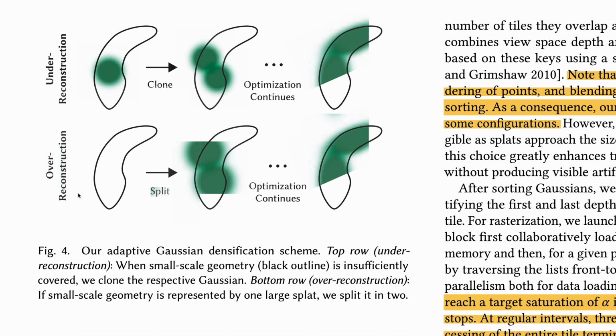When it's over-reconstructed, when the Gaussian is covering too much of the space, you split it. I don't know why on the bottom left we don't see the initial Gaussian, but you split the Gaussian in two. The two new Gaussians are made smaller than the initial one, because the Gaussian is too big, so you split it into two smaller ones.